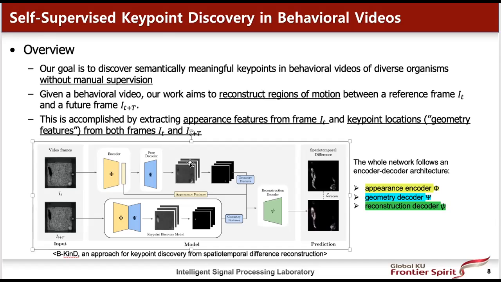Yeah, we can see the green, all the way to the right. Never mind the in between steps, but the output of the reconstruction decoder, right? Yeah, that's what I'm talking about. Okay. And so you only have one prediction coming out that highlights the parts of these two images that moved.